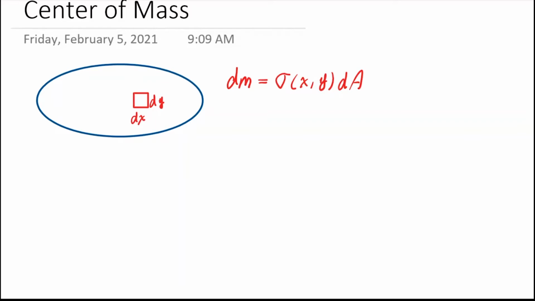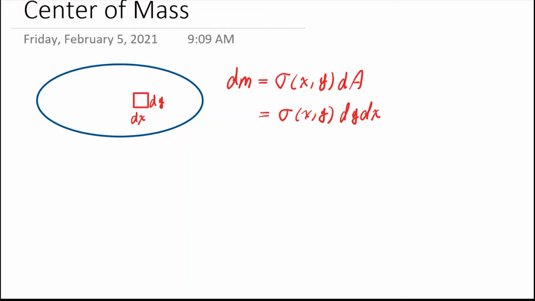Volume density versus area density and length density, we are used to this, right? In our case, this is sigma, a function of x and y, a two-variable function, and then dy dx.